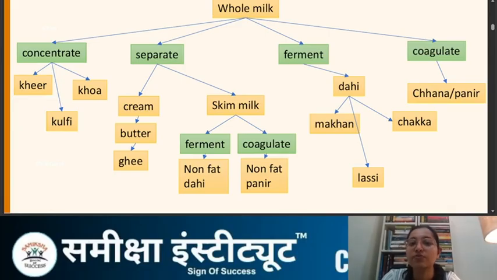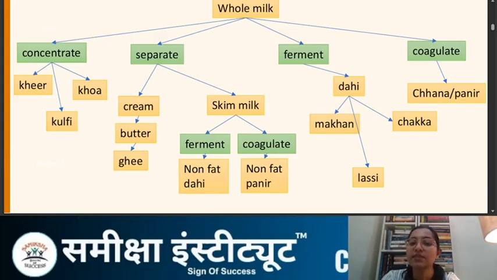So if we separate the cream from the skim milk, if we eliminate the fat portion, then the one which is left is the skim milk. You already know the FSSAI standards for the skim milk. Fat percentage will be less than 0.5% and SNF 8.7%.